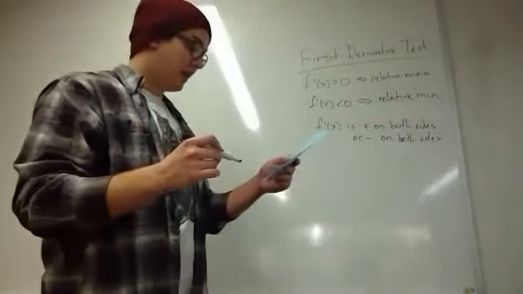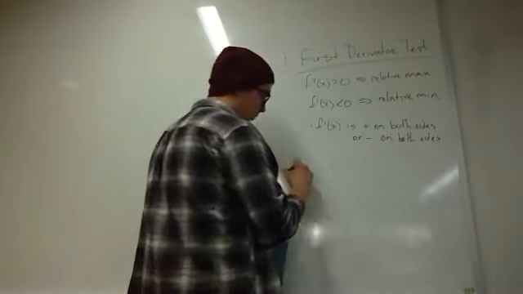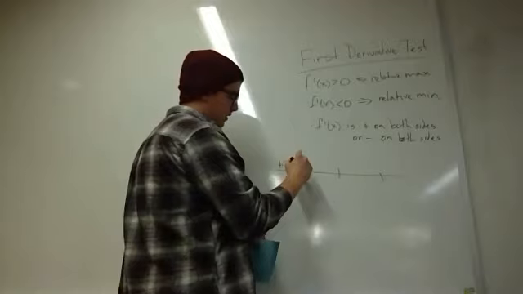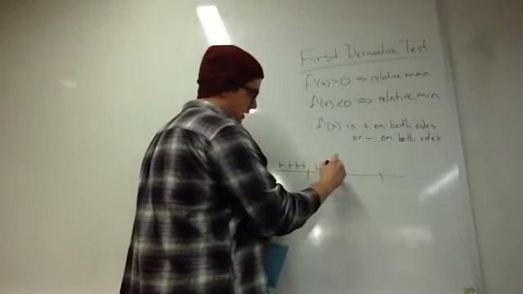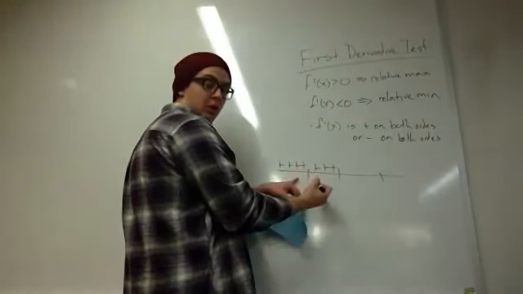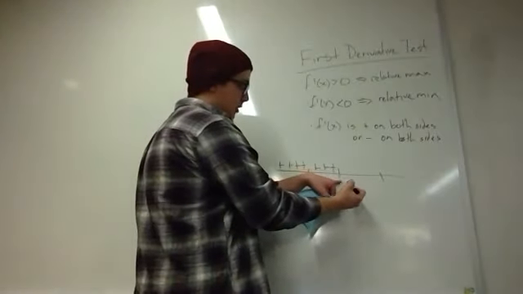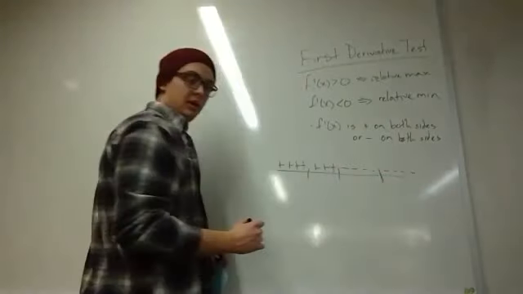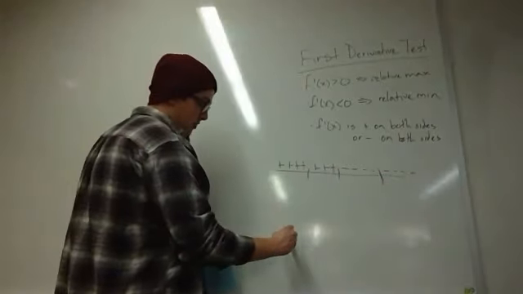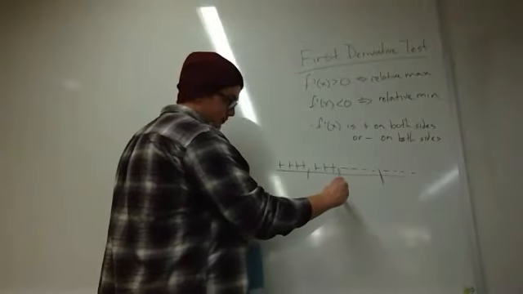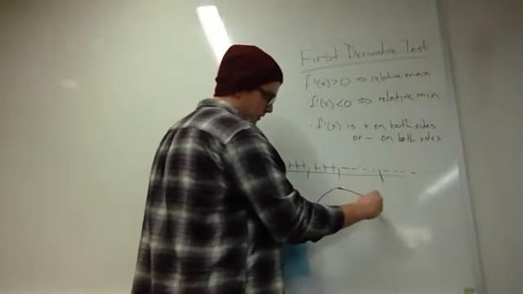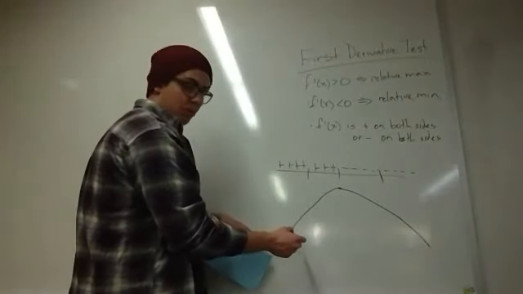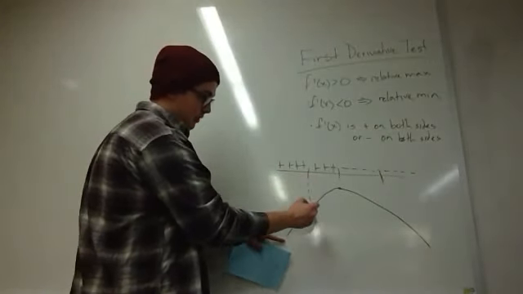And the reasoning behind that is if we're looking at the number line, and we have our critical points here, here, here, and I'm going positive in between, from there to that critical point, positive from this critical point to this critical point, and then I go down, and then down some more. The overall slope of that graph is going to be going up consistently to here, and then down to here. So we're going to have an absolute min down here, but we're not going to have an absolute max at this critical point.